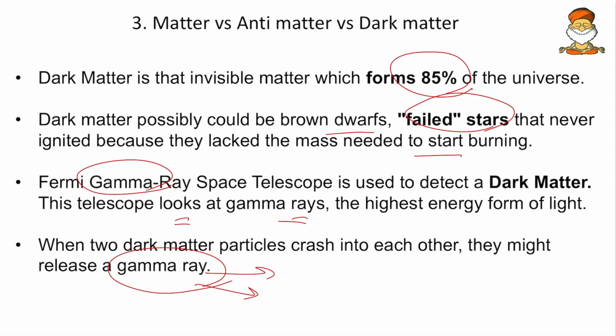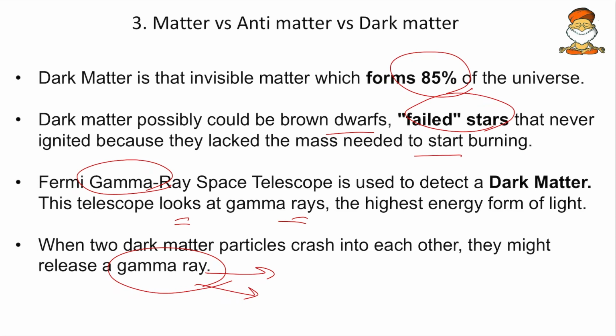So now what is dark matter? Dark matter is that matter which is invisible to us. Say for example, a black hole is made up of dark matter, and a black hole has dark energy. Now, is dark matter equivalent to antimatter? Again, that we don't know, because there are some antimatters which we can see with our eyes, but there is no dark matter which we can see with our eyes.